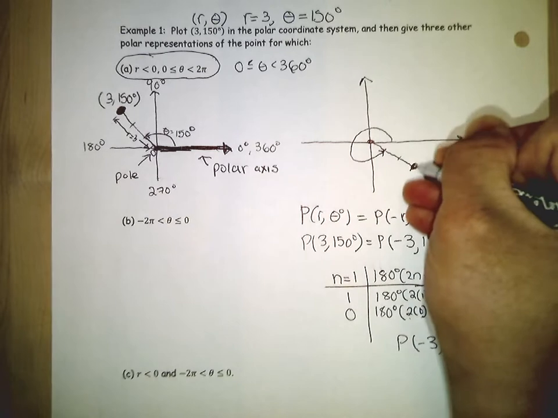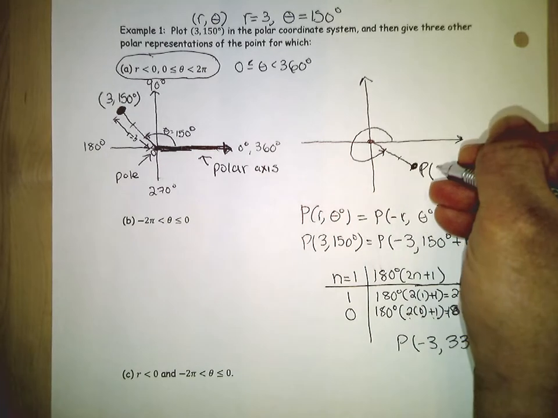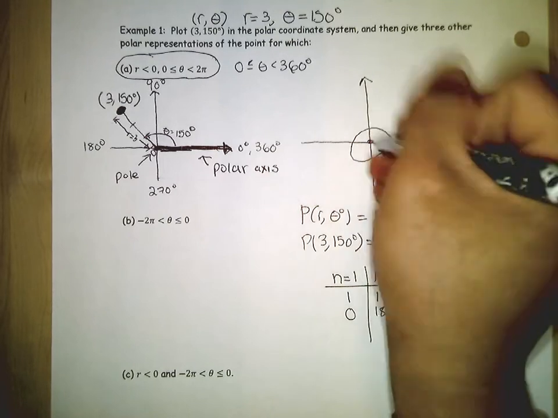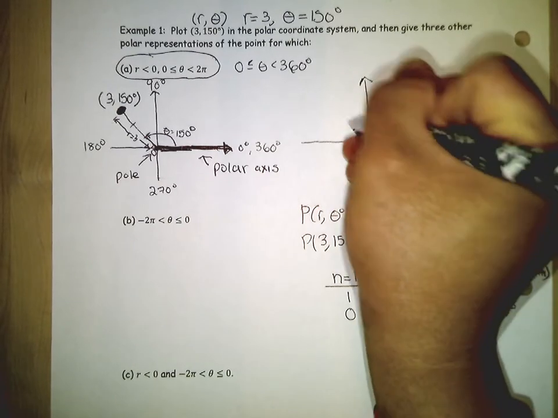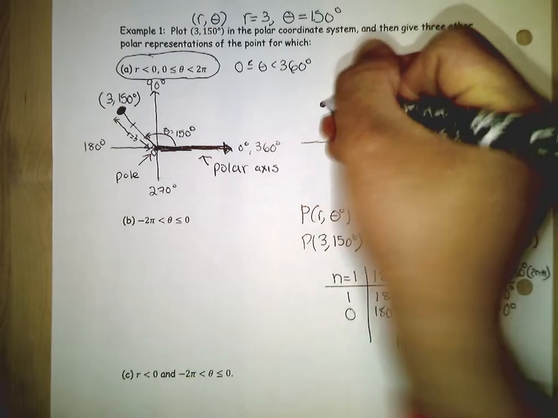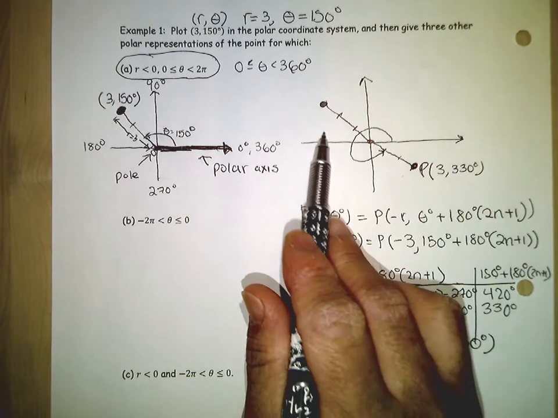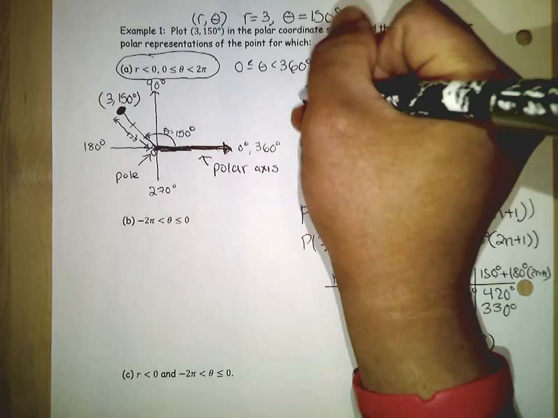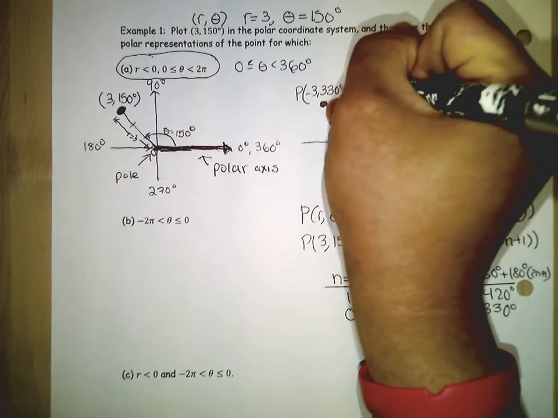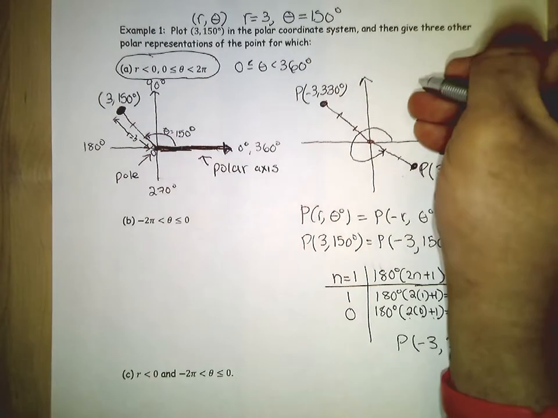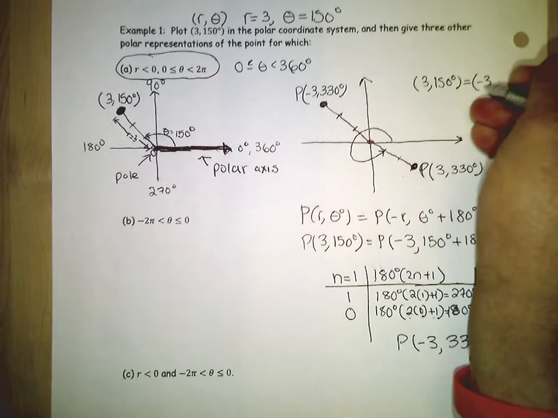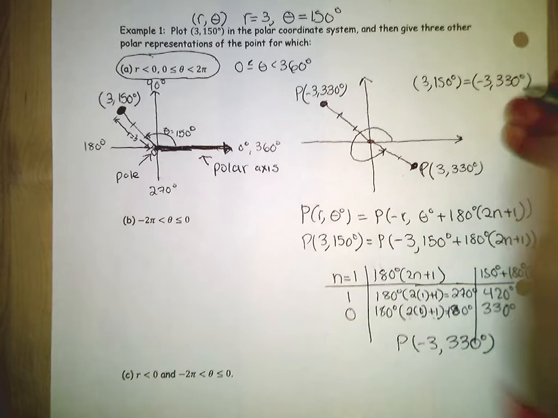So this would actually be P of 3, 330 degrees, but what we want is for it to be over here. So to get the point to be over here, we reflect it, and we end up with P of -3, 330 degrees. So in other words, 3 at 150 degrees and -3 at 330 degrees are the same point.